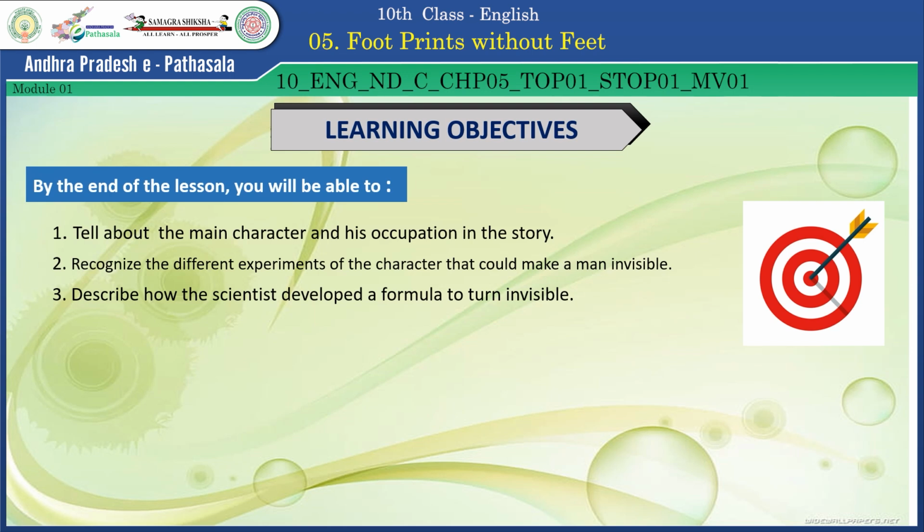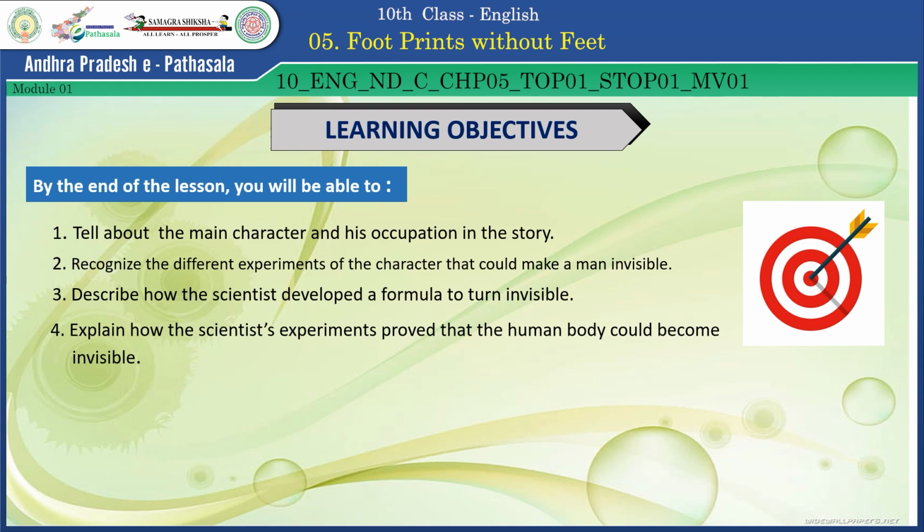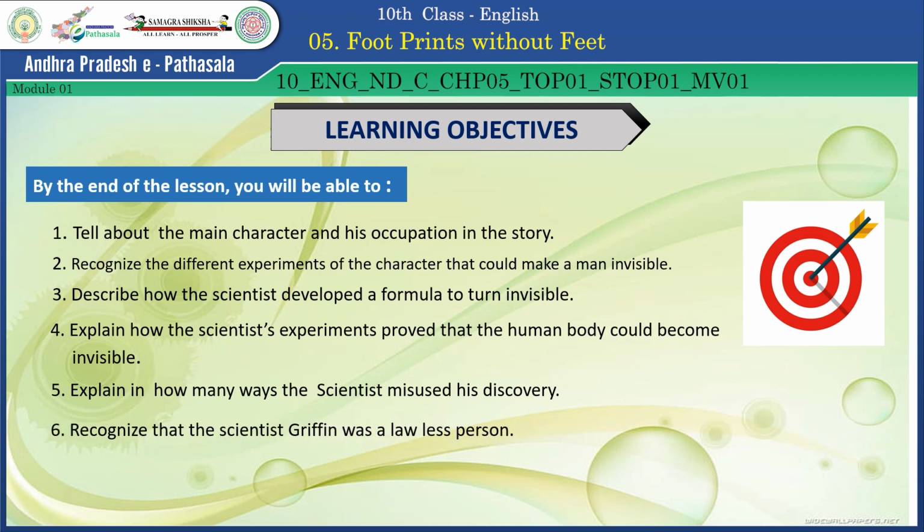Describe how the scientist developed a formula to turn invisible. Explain how the scientist's experiments proved that the human body could become invisible. Explain in how many ways the scientist misused his discovery. Recognize that the scientist Griffin was a lawless person.